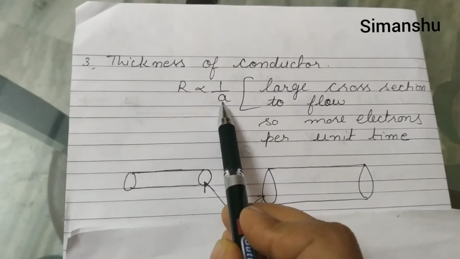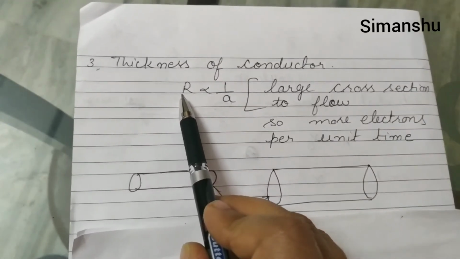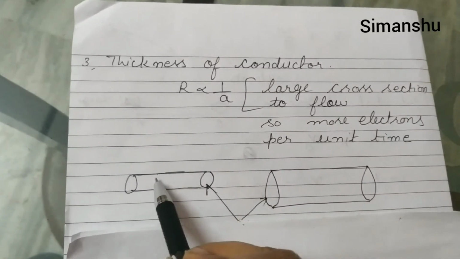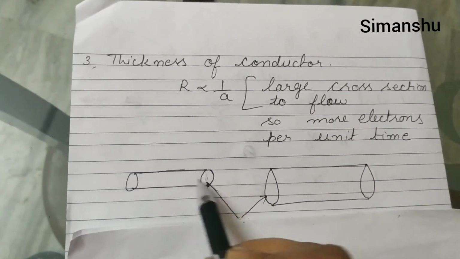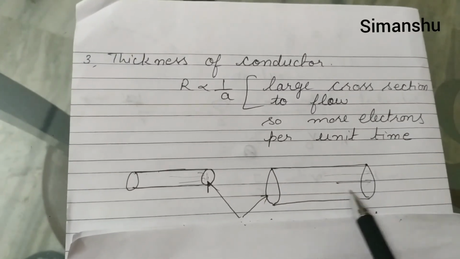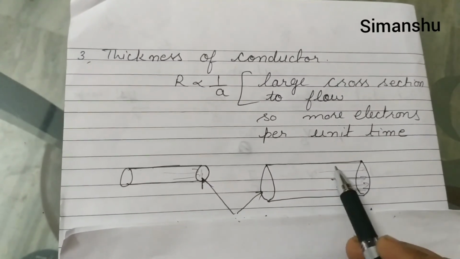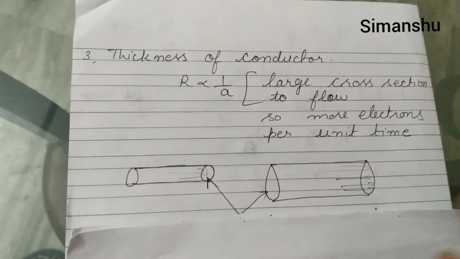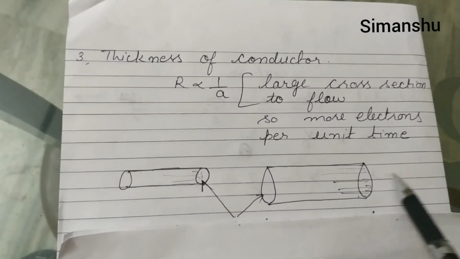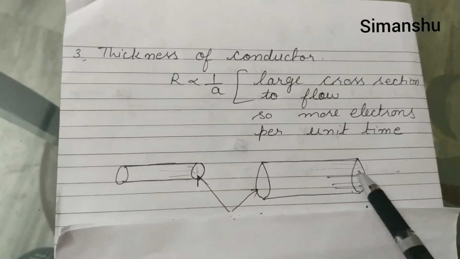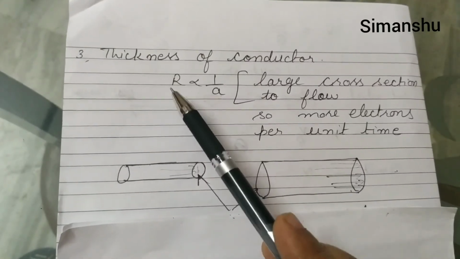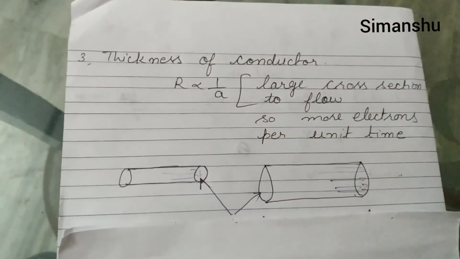The more the area of cross section, the less the resistance. Why is it so? See, here electrons have less area to move. But here they can move more rapidly. With more area, they can move more rapidly within a second. So if they are moving fast, resistance is less. The more the area of cross section, the less the resistance.